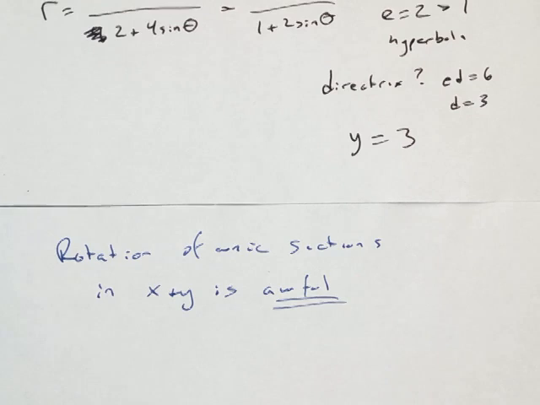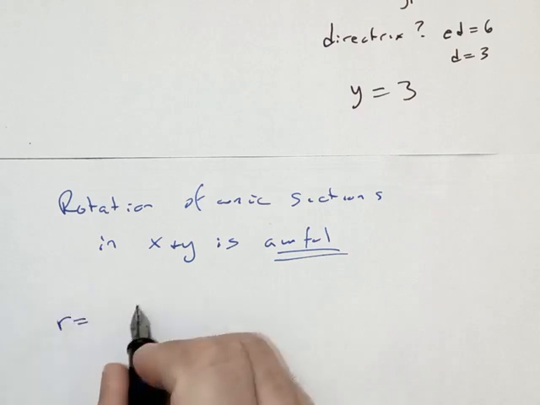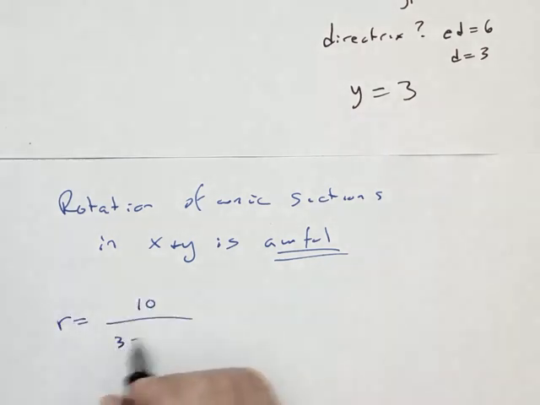But if my conic section is already in polar, changing the angle is a shift. Let me go back and use the ellipse we were looking at earlier. The ellipse we were looking at earlier was r equals 10 over 3 minus 2 cosine theta, right?